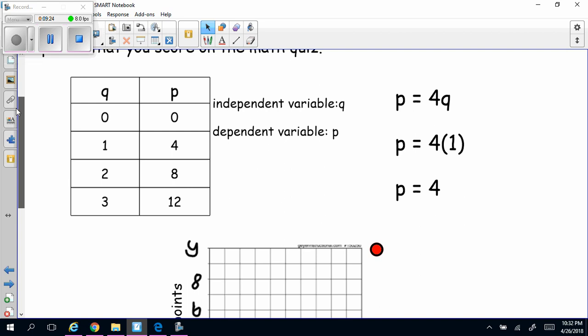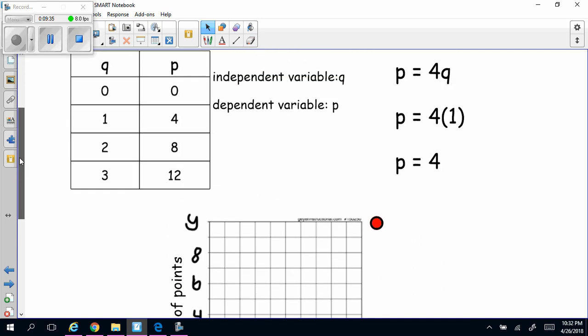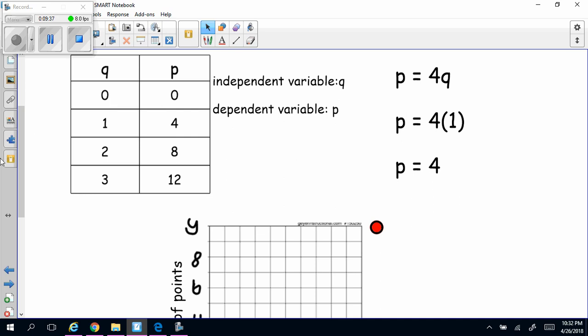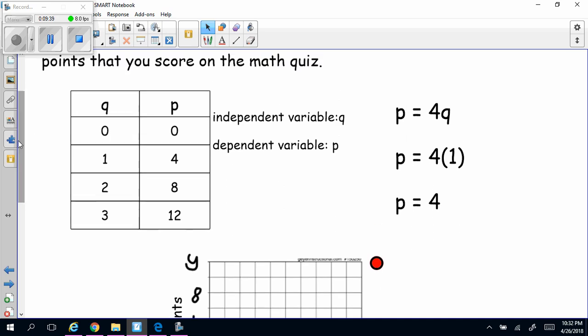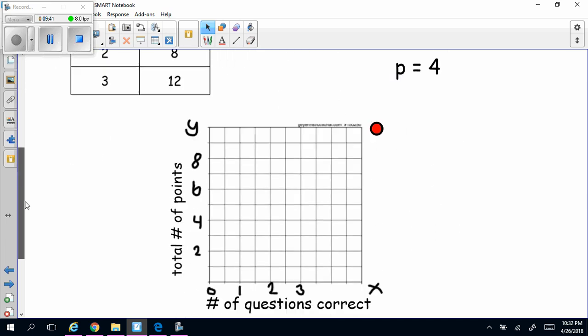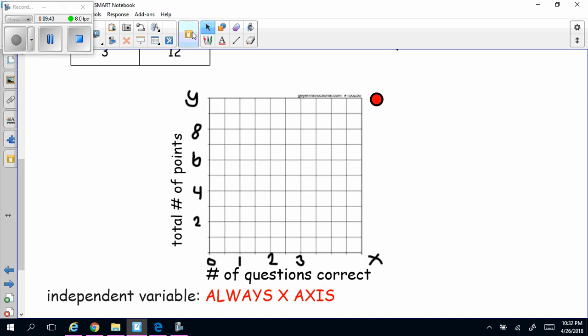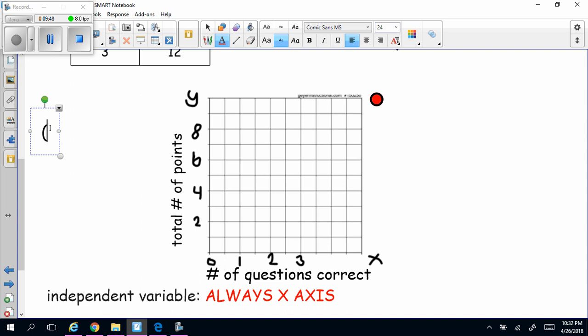So now we're going to go ahead and plot this data, where if you think about it, this could be x and this could be y. So your first coordinate is going to be 0, 0. Now, that sounds familiar. My coordinate is 0, 0.